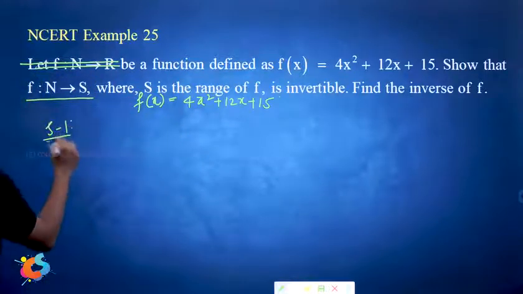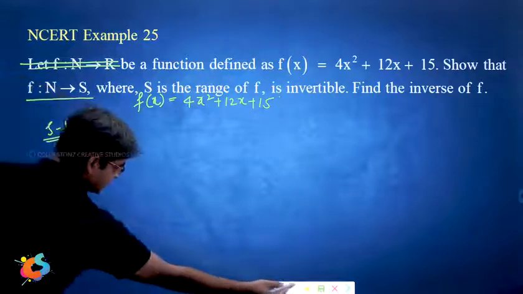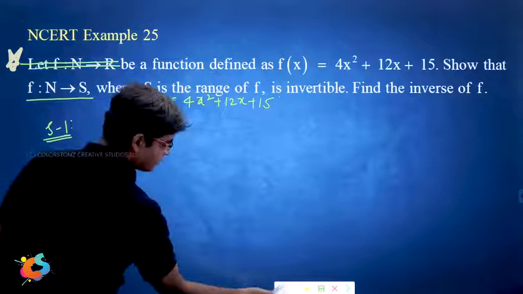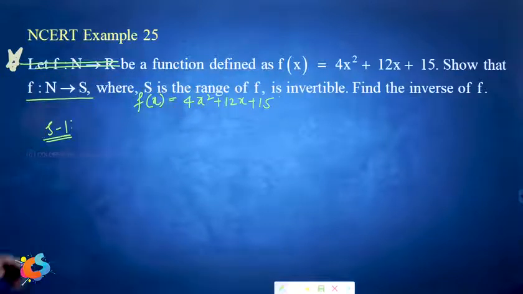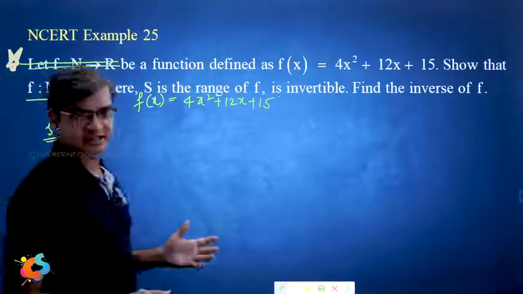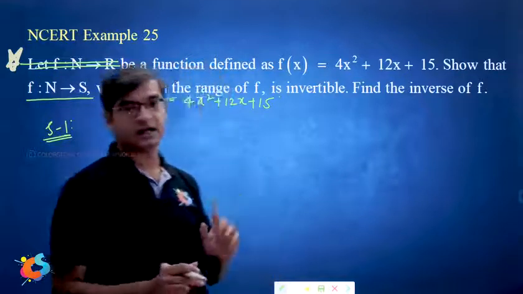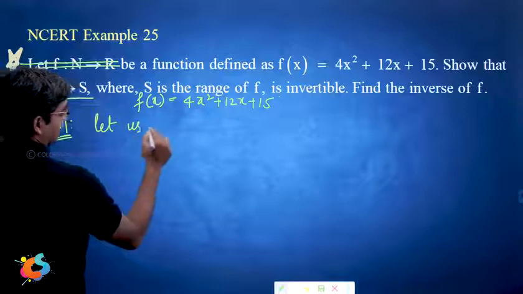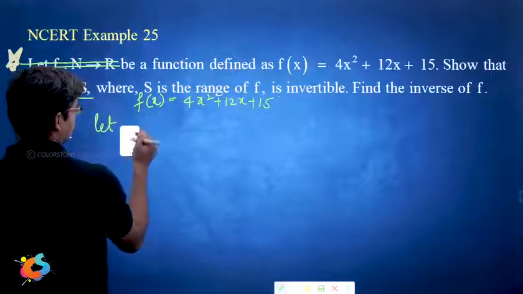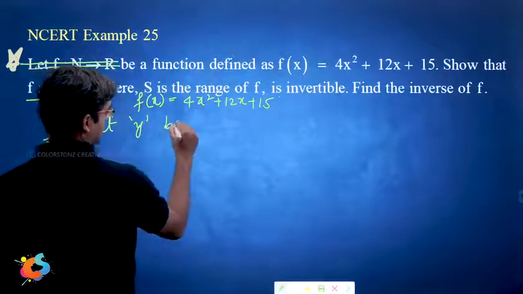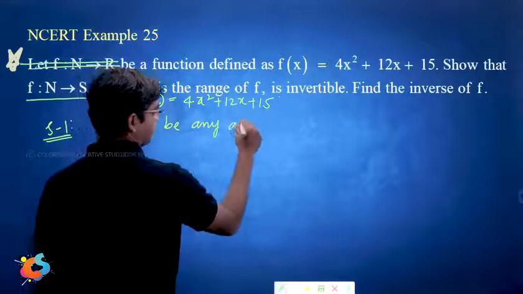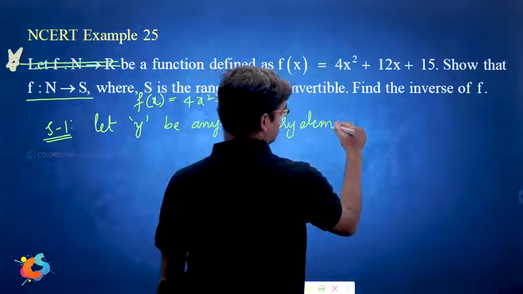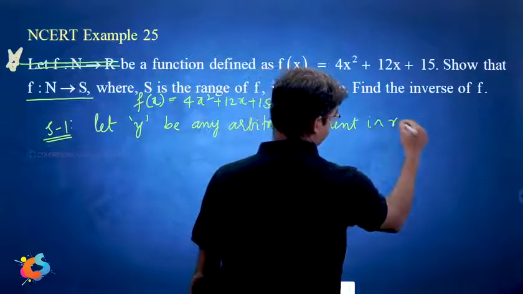So step 1, how do you write it? As I told you, this is an important question. Understand this very well. These types of questions come in boards. And this is very important from the competitive exam perspective also, some part of it, I'll tell you. So the first line will be the same. Let y be any arbitrary element in the range of f.